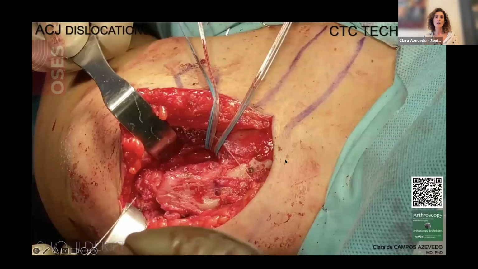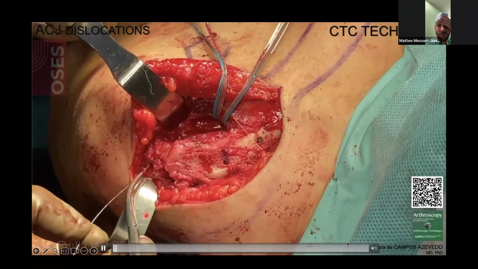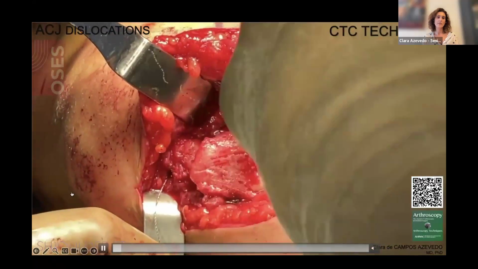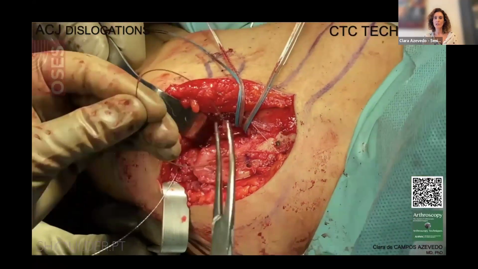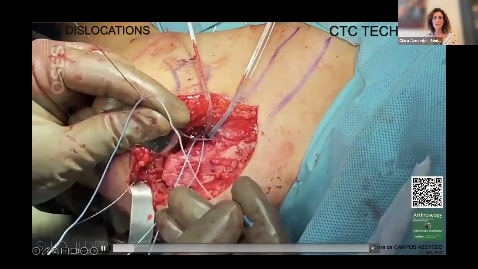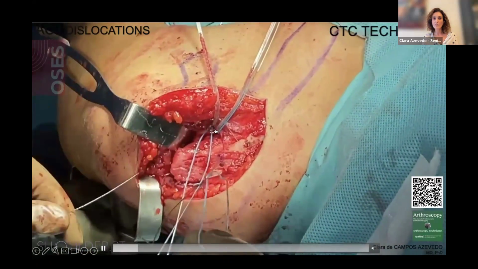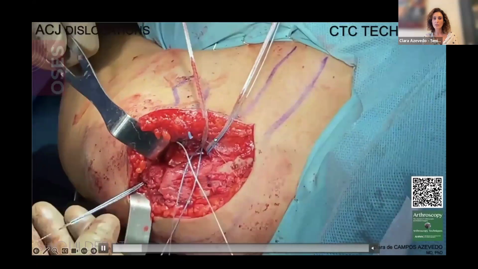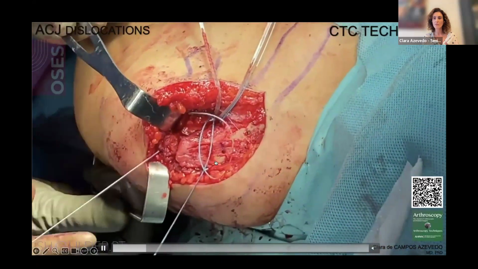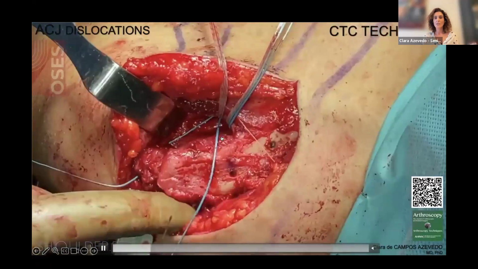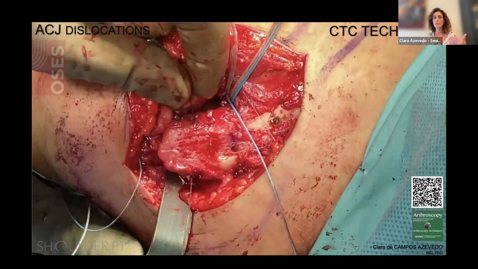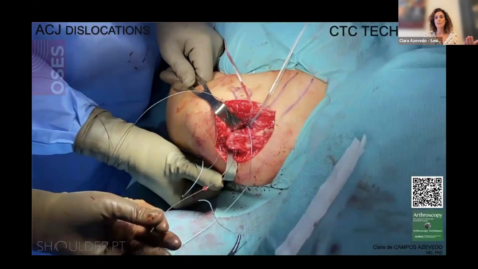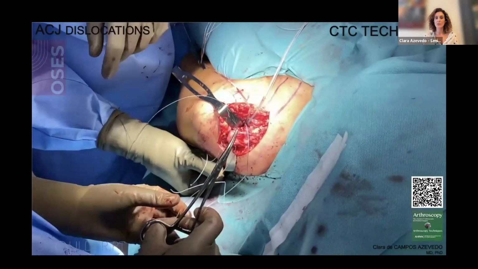And since in most of the grade 5 dislocations you have a tear of the delta trapezial fascia, it's easy to go anterior to the clavicle to place the two all-suture anchors on the coracoid because the fascia is torn. And so you can control this with a fluoroscope, and you don't need to see this through the arthroscopic view.